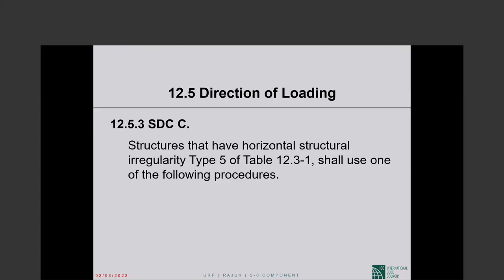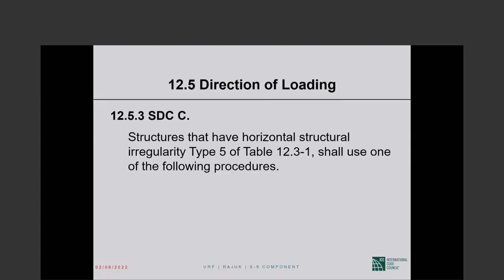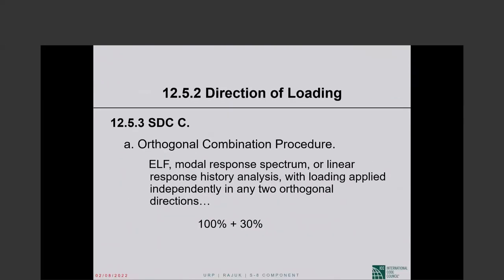If you have that, even in seismic design category C, you shall use one of the following procedures. The first procedure is the orthogonal combination procedure. Equivalent lateral force, modal response spectrum, or linear response history analysis with loading applied independently in any two orthogonal directions.